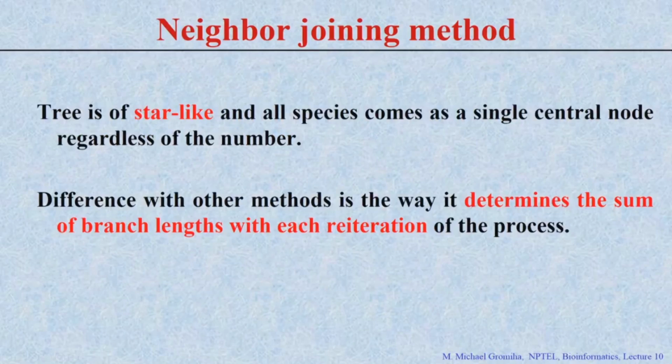There is another method that is called the neighbor joining method. In this case, instead of going one by one, they make a star-like tree. So, each species is connected and then they see how far they can connect with each other, regardless of any of these numbers. The difference from other methods is that here you consider the sum of the branch lengths with each iteration, because we consider each one separately, and finally they try to see which one has the closest distance.